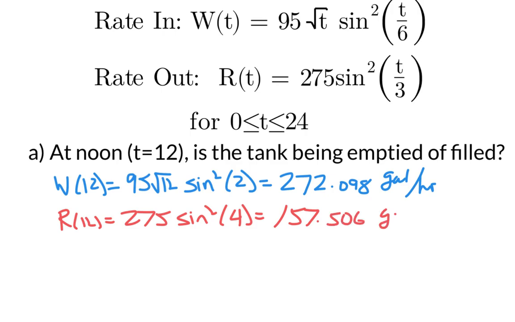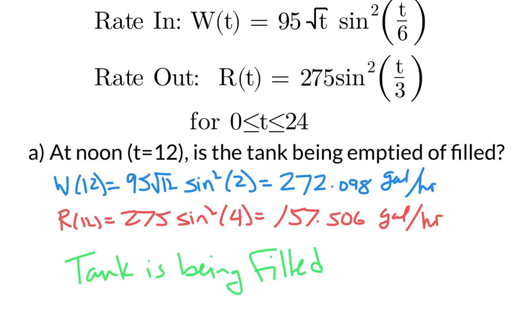157.506 gallons per hour. So when we're trying to determine is the tank being emptied or filled, well, it looks like more water is coming in, or water is coming into the tank faster than it's leaving the tank because W of T is bigger than R of T. So that means that the tank is being filled.